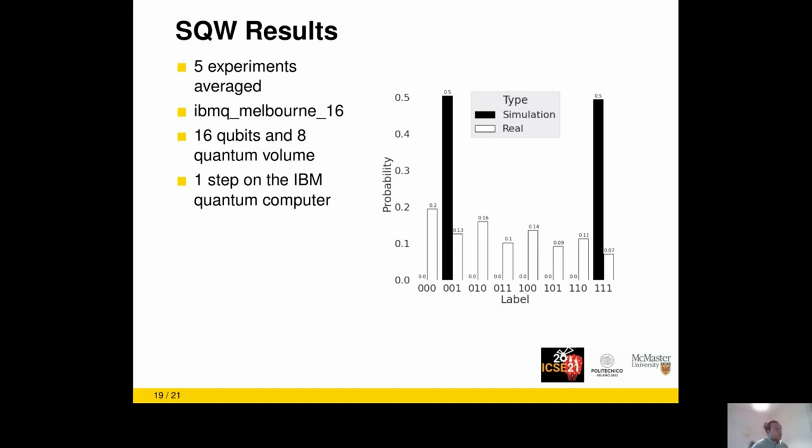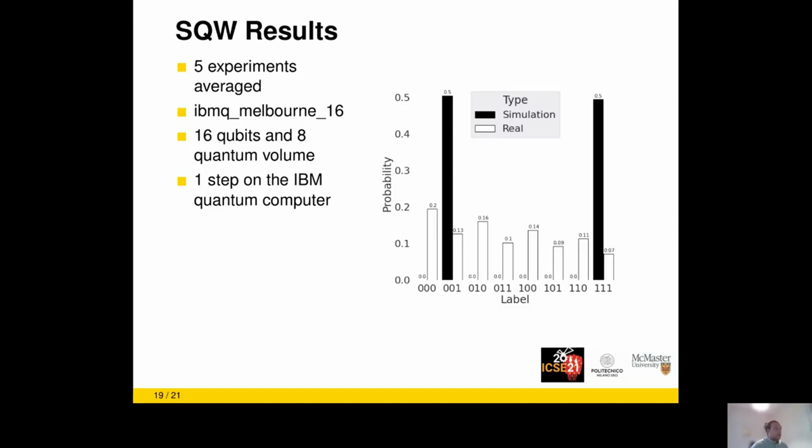We used as backend IBM Q Melbourne 16, and we chose this one because, given our account type, this was the only backend with at least 6 qubits. This is the number that we need for Szegedy Quantum Walk. And so we chose this one with 16 qubits and a quantum volume of 8.